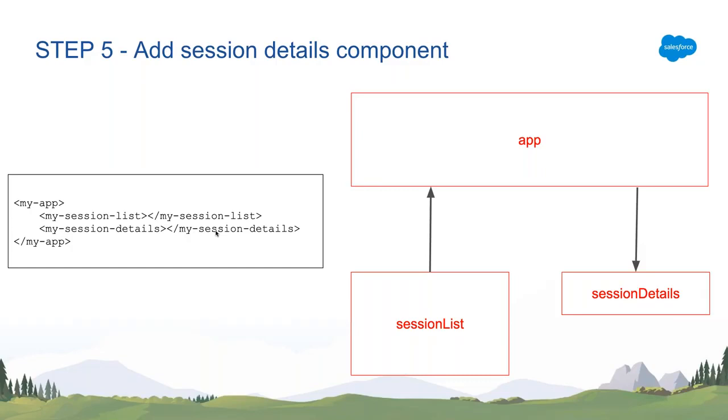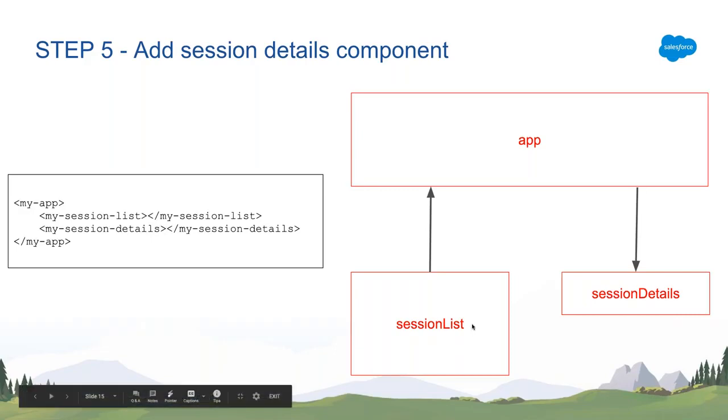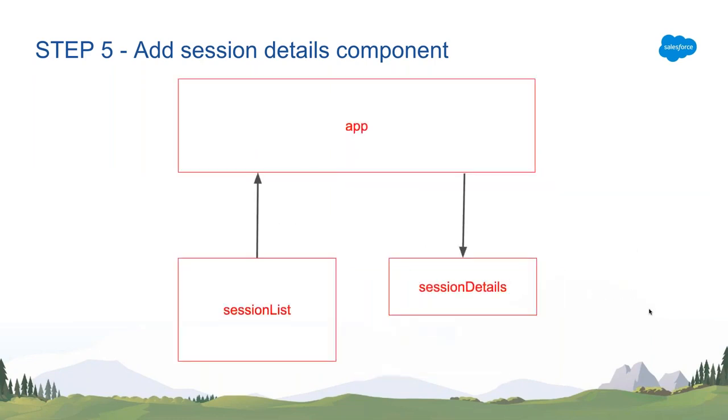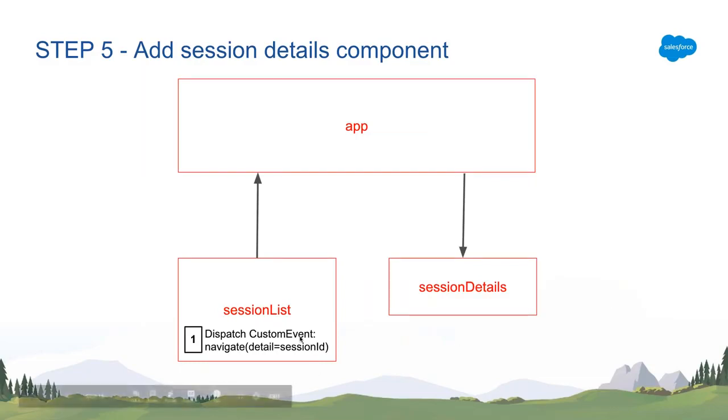So a typical pattern is that you have a wrapper component, a higher level component, and what you do is to pass the information from the one component to the wrapper component, and then you pass that information from the wrapper component to the child component. How do we do that? Well, the way to pass information up to a parent component in web components is dispatching custom events.